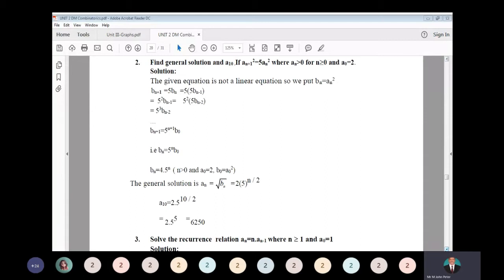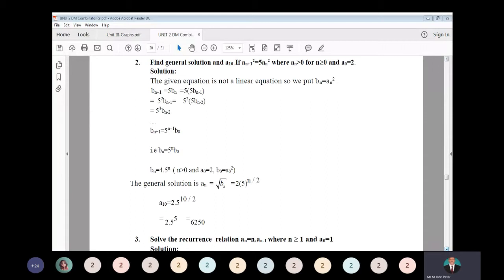Again for bn, corresponding equivalent form, when you write it, you will get 5bn minus 1, that is 5 square into bn minus 1. Again using the given relationship, bn minus 1 is equal to 5 times bn minus 2, and so on. We will get bn plus 1 is equal to 5 power n plus 1 into b naught. That is nothing but bn equal to 5 power n into b naught.